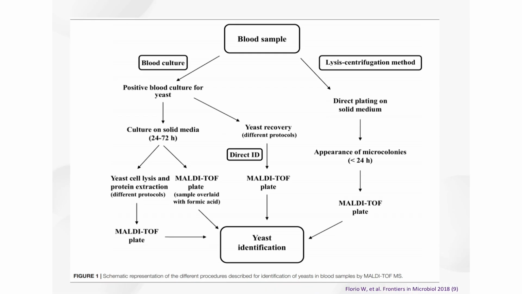So this will be the last part on MALDI-TOF. For the blood sample, they try to use the automated system and then, after the signal from the automated system, use direct identification by MALDI-TOF, or plate to multiply more cultures and then do MALDI-TOF, or they still use the classical way, plating until colonies and then MALDI-TOF.